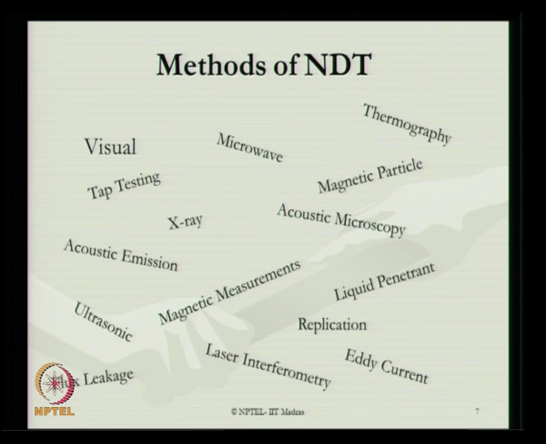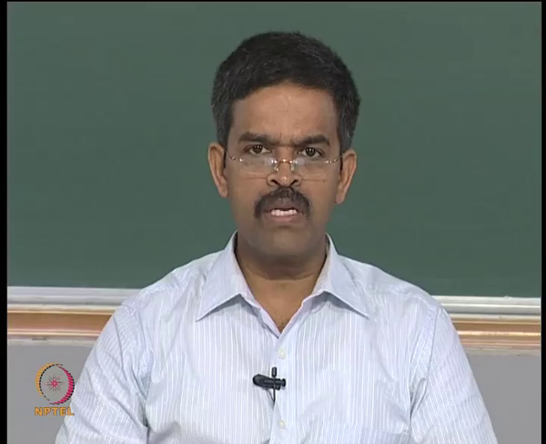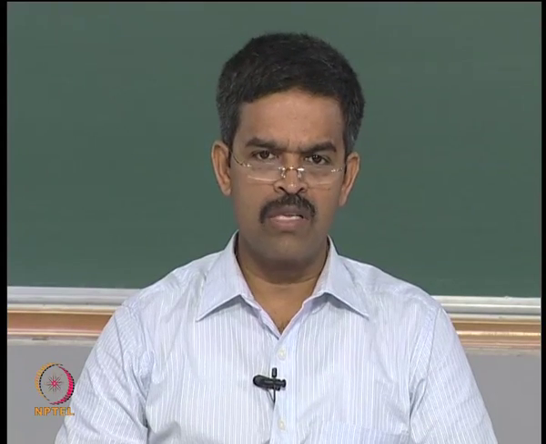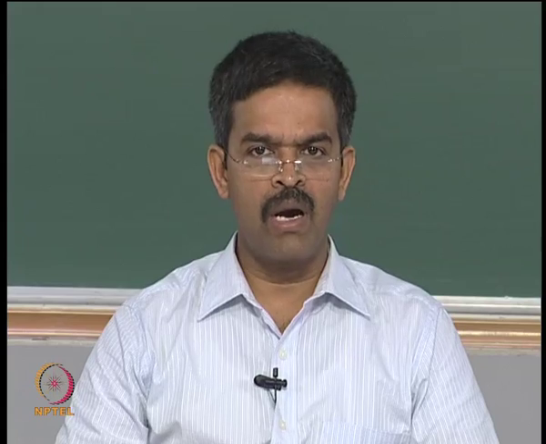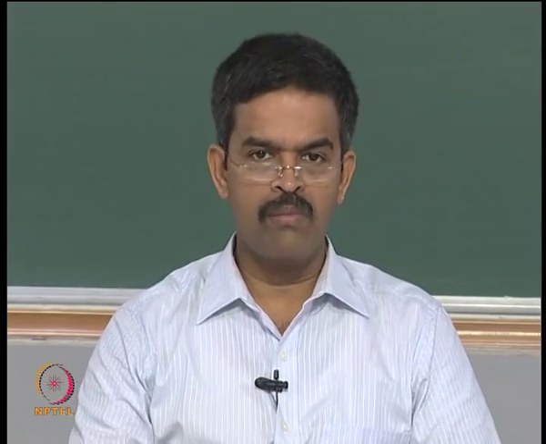We have visual methods, microwave testing, thermography, tap testing, magnetic particle, acoustic microscopy, X-ray diffraction, acoustic emission, ultrasonic methods, flux leakage techniques, magnetic measurements, liquid penetrant methods, radiography methods, eddy current techniques and laser interferometry. There are various methods available to inspect offshore structures or any structural system without causing any physical harm to the material or the member.